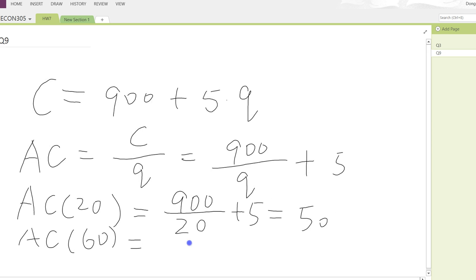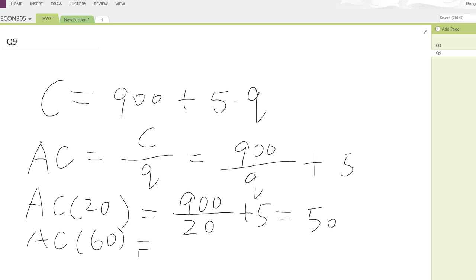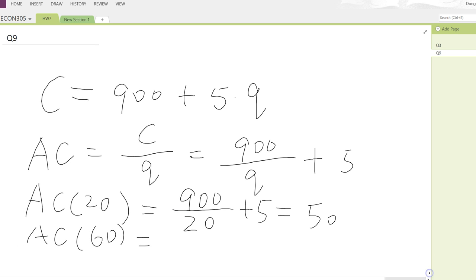So now this is 900 divided by 60 plus 5, and 900 divided by 60, that's 15. So 15 plus 5, that's 20.